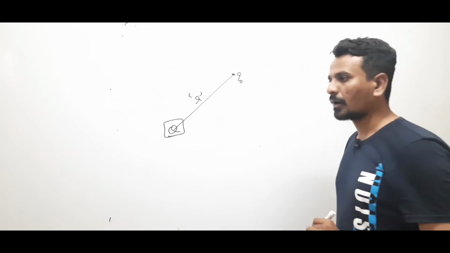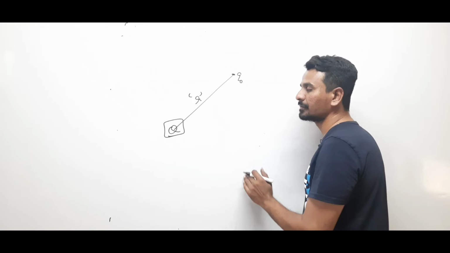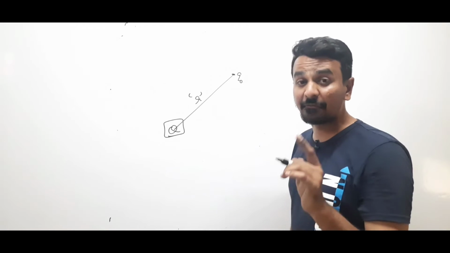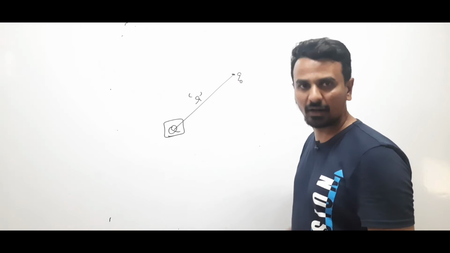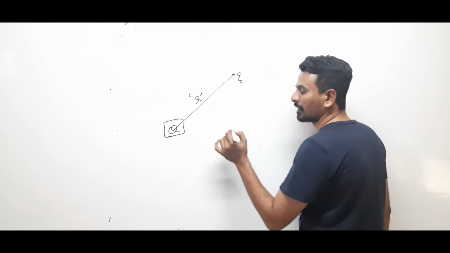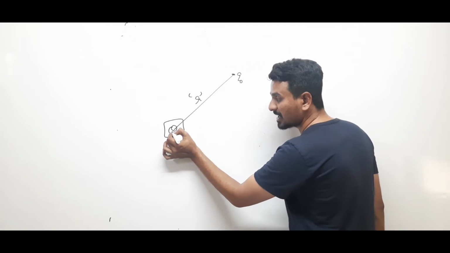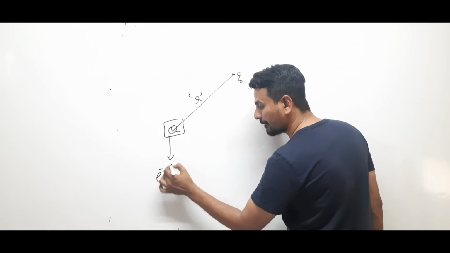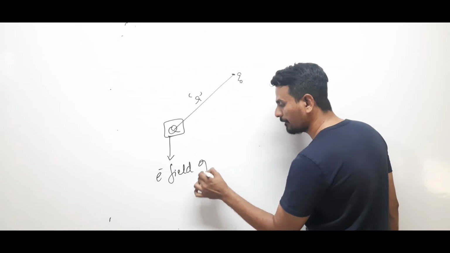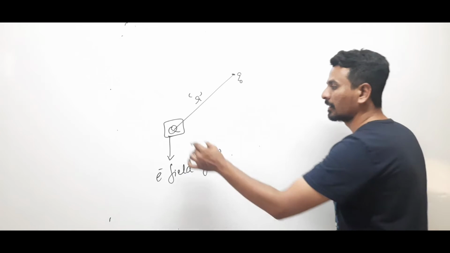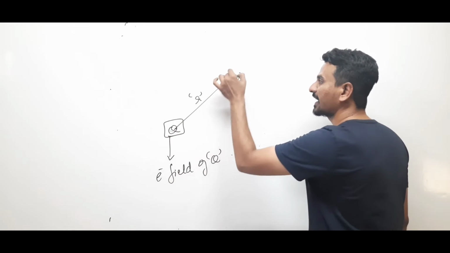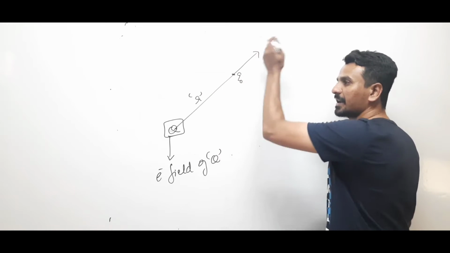Clear? Okay. Now, because electric field is the effect produced by one charge on another charge, we want to calculate the electric field of charge Q. Clear? Okay, fine. This charge is positive, so the electric field will be in the radially outward direction.